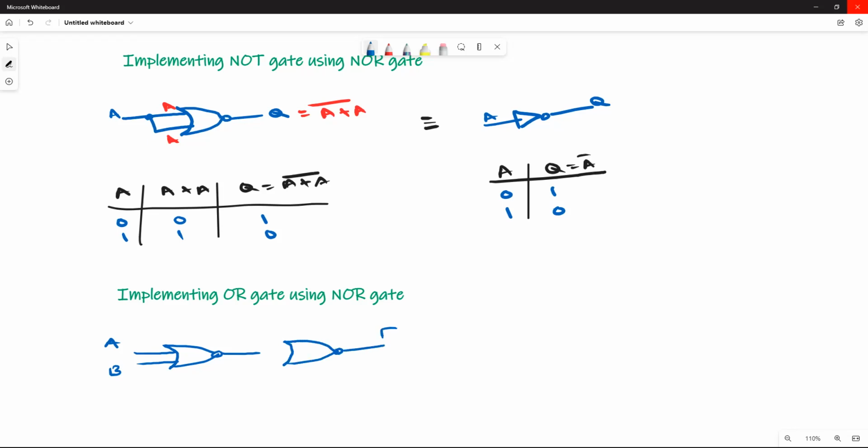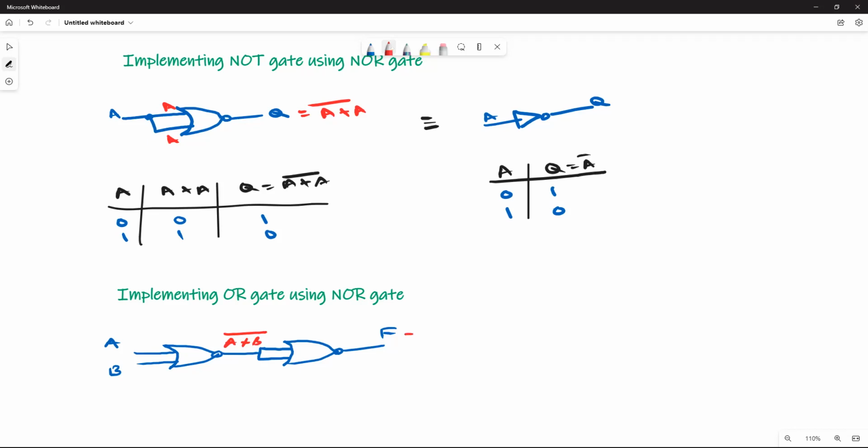And this, let me say F. The inputs are short-circuited, which means we have the same input, right? And we'll get F. So now, if you look at the outcomes, we have AB here. That means we'll get (A plus B bar), (A plus B bar), and then the bar.